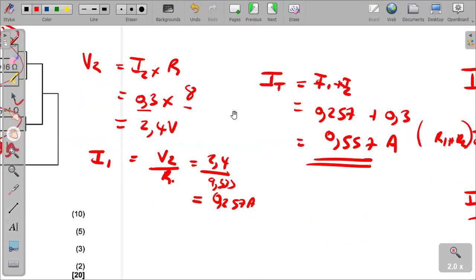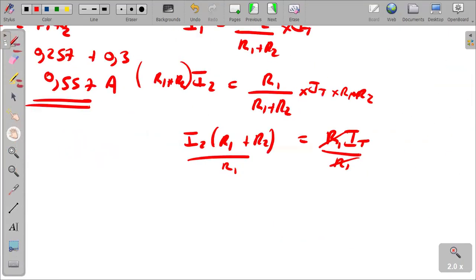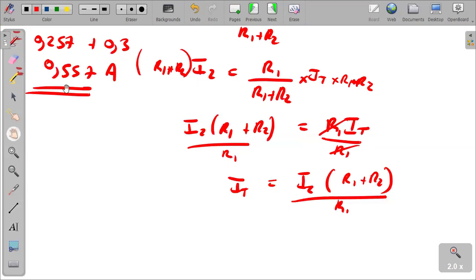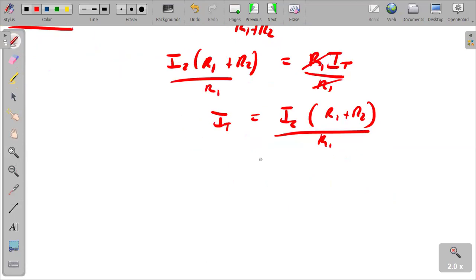So our formula, making IT the subject, means IT is equal to I2 multiplying R1 plus R2 over R1. Bear in mind, it's not the R1 and R2 already indicated on the diagram. We are saying this according to the use of the current divider rule.